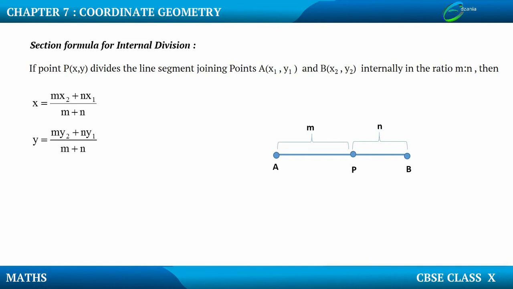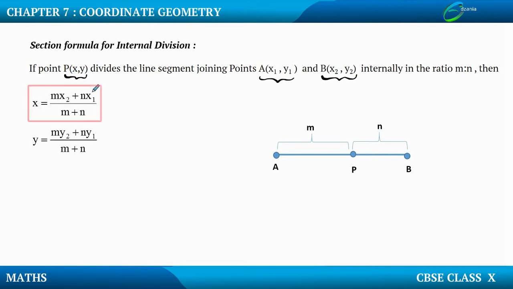Now first of all, there are 3 points. You can see here this segment AB, the two endpoints are A and B. Suppose the coordinates of point A are (x1, y1), the coordinates of point B are (x2, y2), and the coordinates of point P are (x, y).